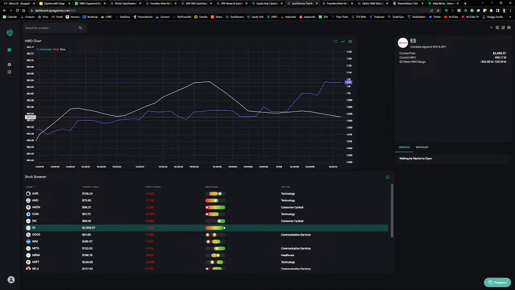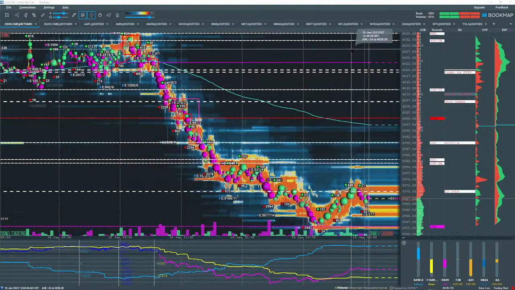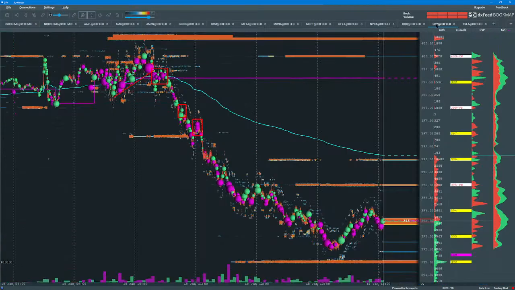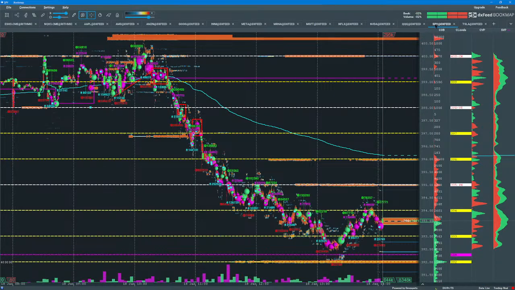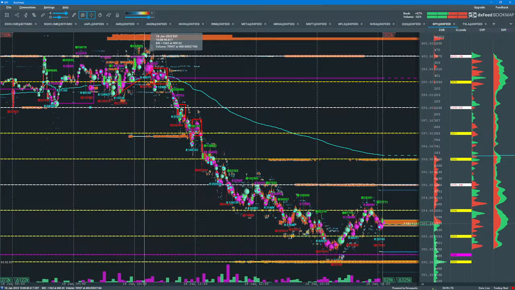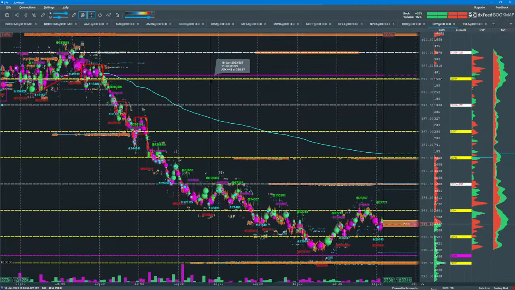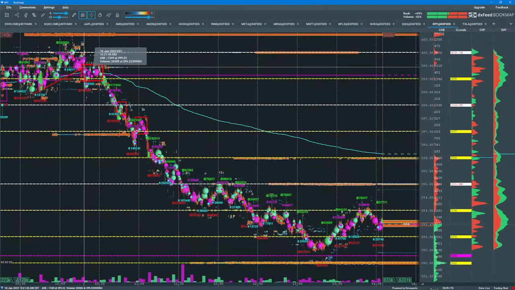But let's look at SPY and Bookmap. So let's say you bought a put somewhere up here. You saw the resistance at the call wall, saw other traders buying puts, this break of this trend line here, all the aggressive sellers coming in.